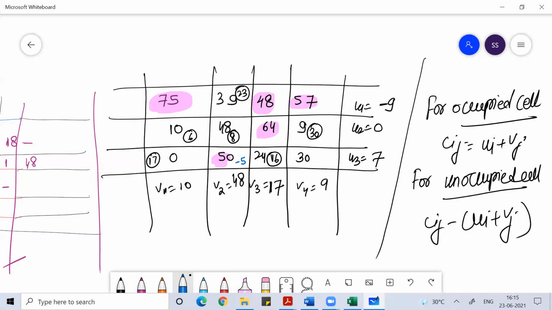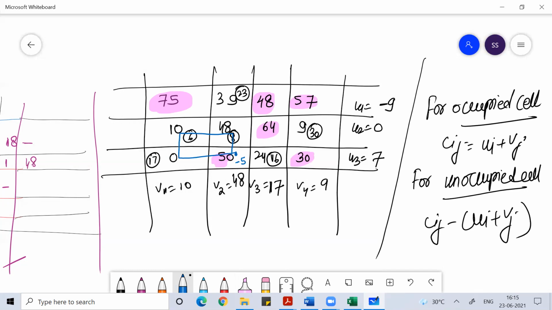Then everything else is positive. Now since this is negative, I need to talk about allocation. I need to make a loop. The loop should start from here. It can only travel on occupied cells. So I can make a loop like this.